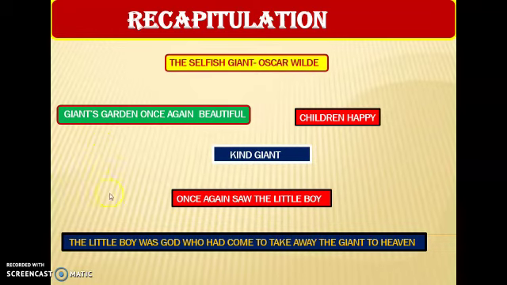So the little boy had come to take this kind giant to heaven. So the selfish giant had changed from a selfish giant to a kind giant. And his garden remained beautiful where children played and were happy.